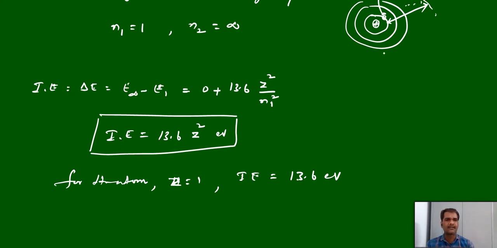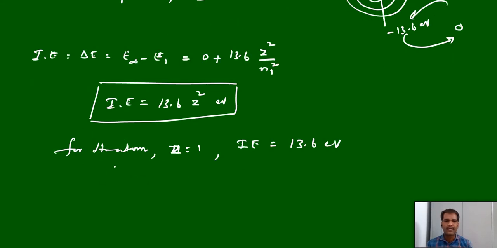Because the electron in the ground state has minus 13.6 electron volt. So this much less energy it has. So we have to bring this minus 13.6 to the 0 state. 0 energy is nothing but infinity. So if you supply an equal amount of 13.6 electron volts, then you can bring this electron to the infinity state where the energy is 0. That is ionization energy for hydrogen atom.